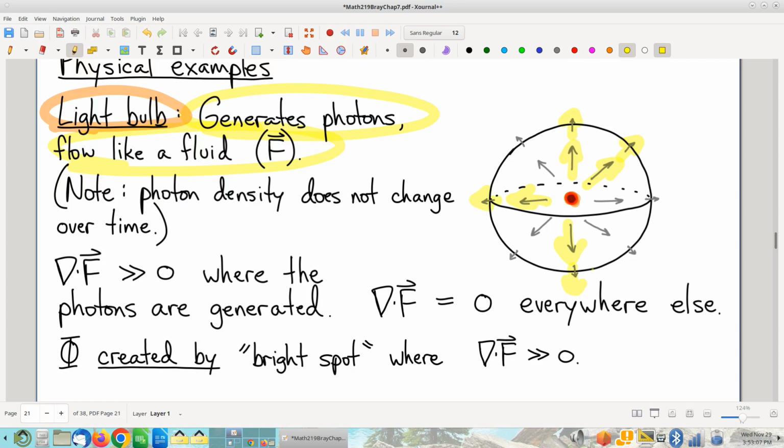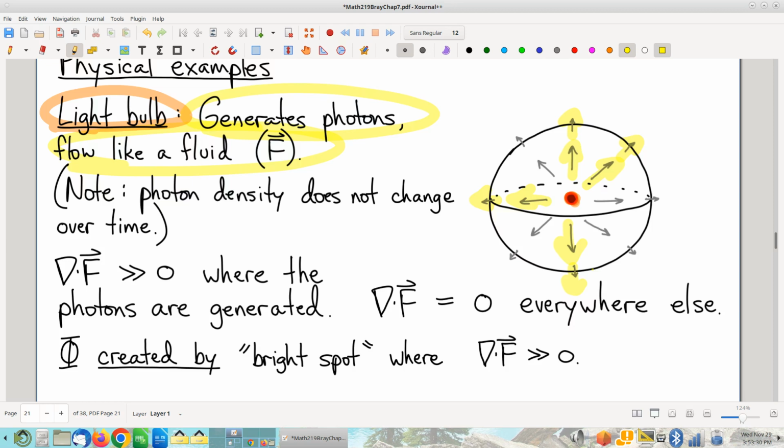Now something to point out about this picture I've drawn. Photons always move at a constant speed, right? Speed of light, famously constant. Why didn't these arrows all have the same magnitude, you might ask? That's a very good question.